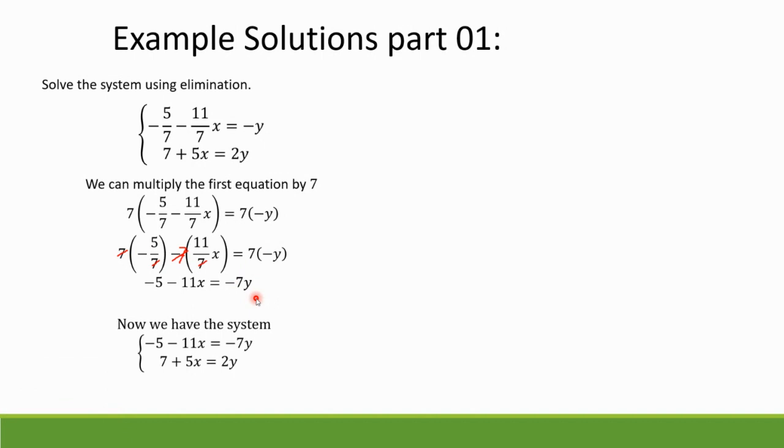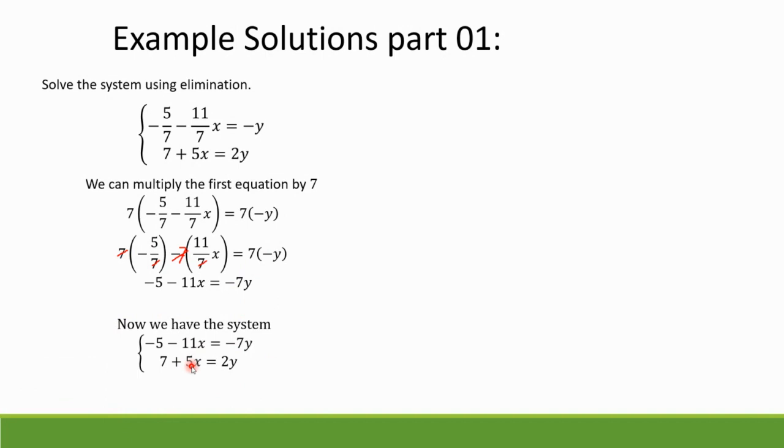That's our new first equation. So now we have this system to solve. Okay, well, how are we going to solve that? Well, we're going to use elimination. Now, you could eliminate x if you want. Here you have minus 11x, you have 5x.